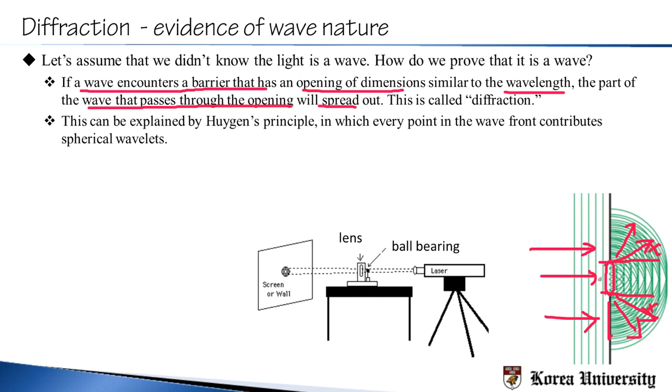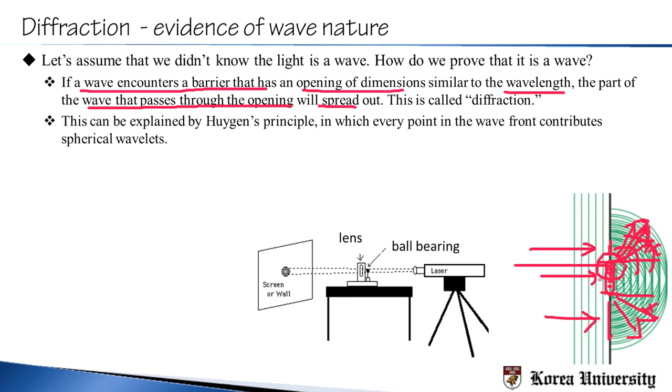We learned that each point on the wavefront actually creates a spherical wavelet of its own. So even though this part is blocked, for example, this wavelet will create a spherical wavelet which goes like this. So part of it actually will arrive. So it looks like light actually bends around this edge.